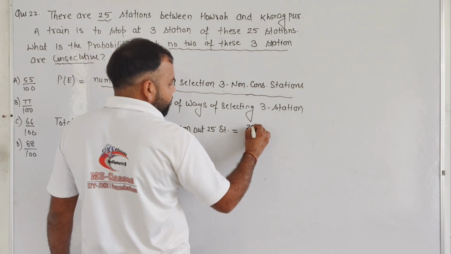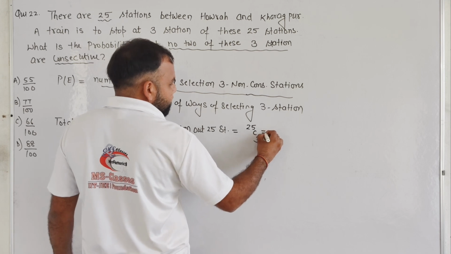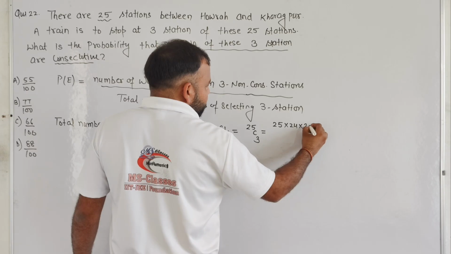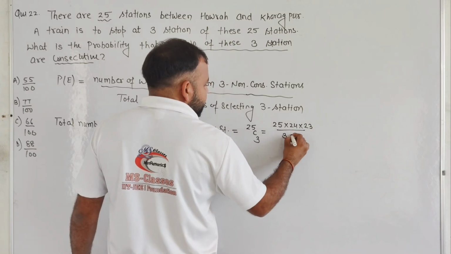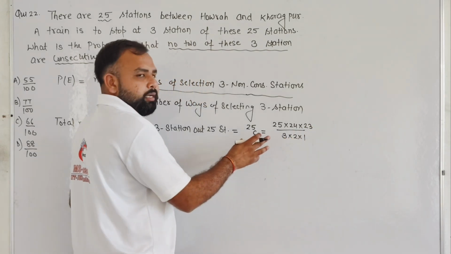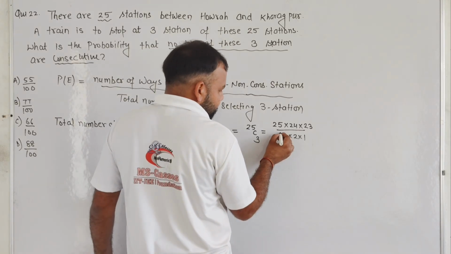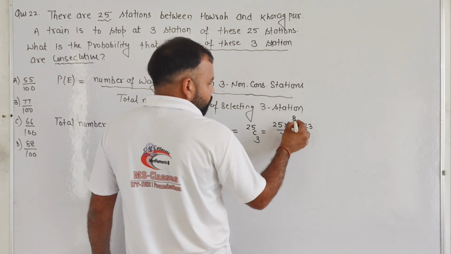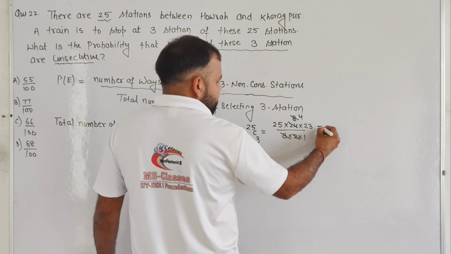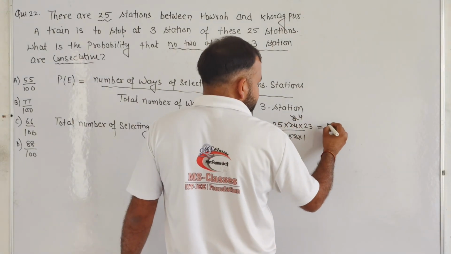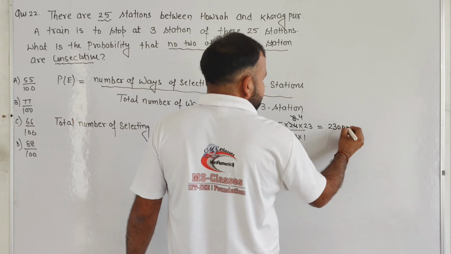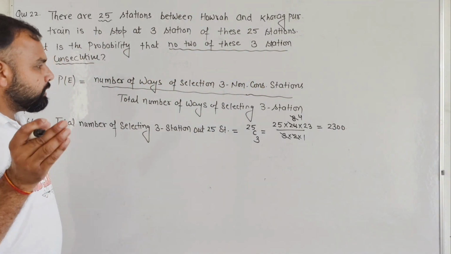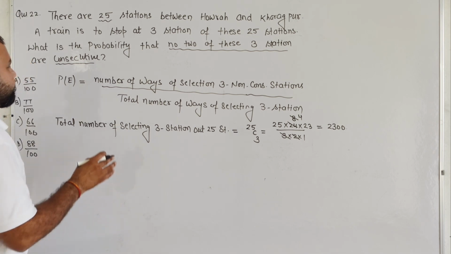So it is 25C3, which can be written as 25 into 24 into 23 divided by 3 into 2 into 1. I am going to solve it by shortcut: 3 8s are 24, so 24 cancels, and 25 into 4 is 100, so it becomes 2300. This is the total number of ways of selecting 3 stations out of 25 stations.